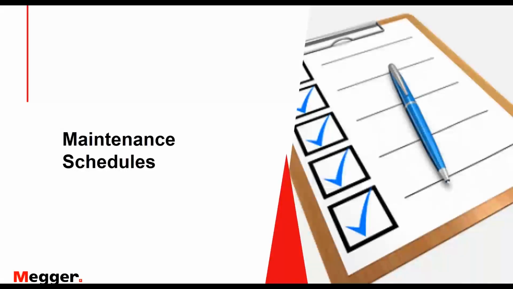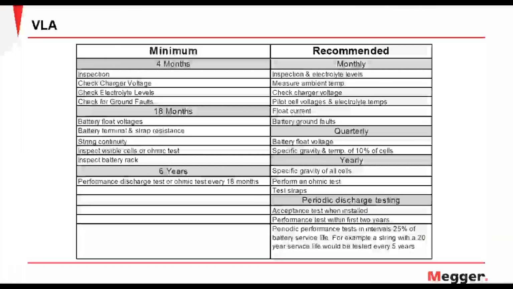Lastly, I will talk briefly on some maintenance schedules and see some of the recommendation, starting with the VLA, the flooded type cells. This presentation and webinar recording will be available to you, so I'm not going in depth about this recommendation.